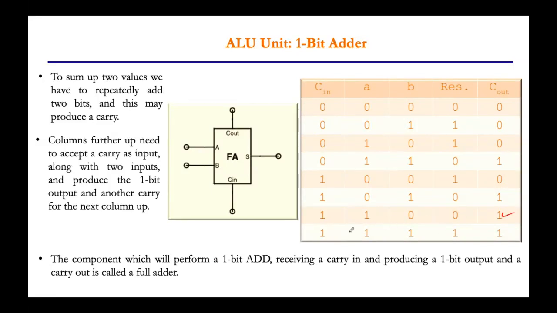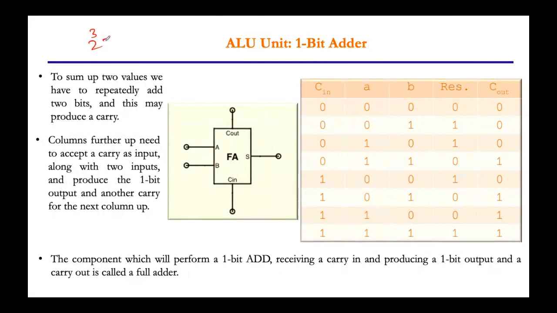1 is carry out. Similarly, when carry in is 1 and both the inputs are 1 and 1, it becomes 1 plus 1 is 2, 2 plus 1 is 3, and 3 is written as 1, 1. So the result is 1 as well as carry out. So overall, we will have 2 bits of input as well as carry, so a total of 3 bits.